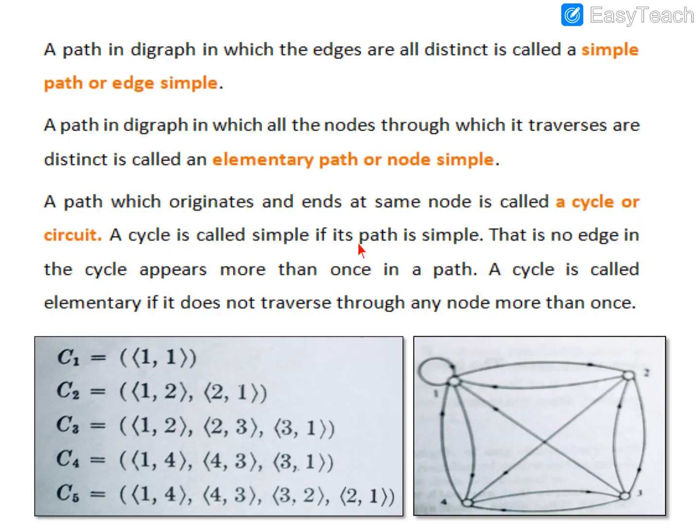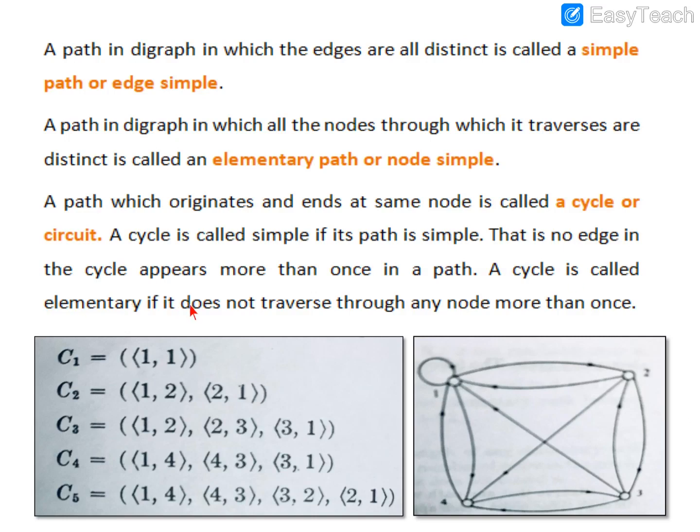A cycle is called simple if its path is simple. That means a cycle is called simple if no edge in the cycle appears more than once, that is, no edges are repeating.